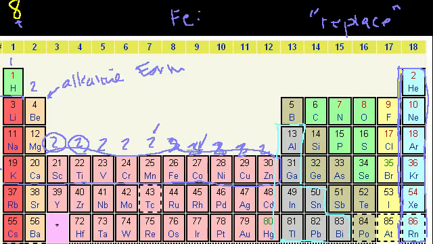Not only do they have these extra there, but they filled their d subshell that they can kind of share, especially when they're in elemental form. And when I say elemental form, this means that you just have a big block of aluminum. Aluminum hasn't reacted with anything like oxygen. It's just a bunch of aluminum. And when you have a bunch of aluminum, what happens is you have these metallic bonds where all of the aluminum atoms say, you know what, I have definitely, well, in the case of aluminum, I have 3 electrons in my outermost shell, but I have all of these kind of backfilled electrons in my d suborbital.